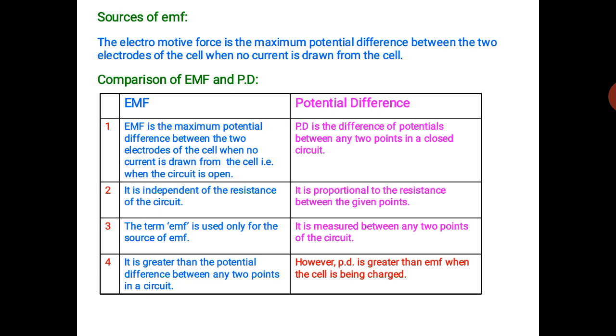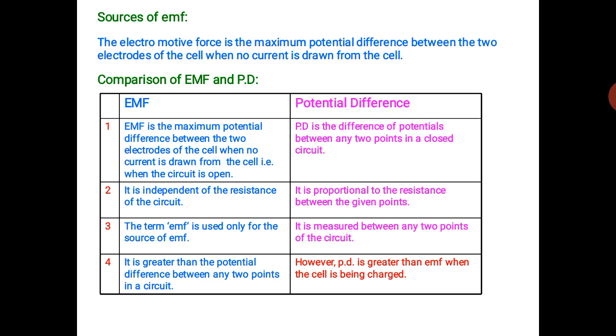Next, the term EMF is used only for the source of EMF, but potential difference, it is measured between any 2 points of the circuit. Means we can measure the potential difference across resistance, across capacitor, across cell, etc. Is it clear? Okay.